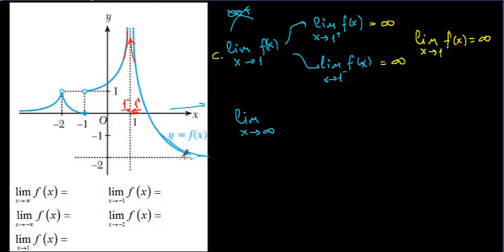This line is the boundary, so this graph cannot pass the -2 line. That's why the limit of f(x) when x goes to infinity is the boundary, which is -2 for the function. This is A1.